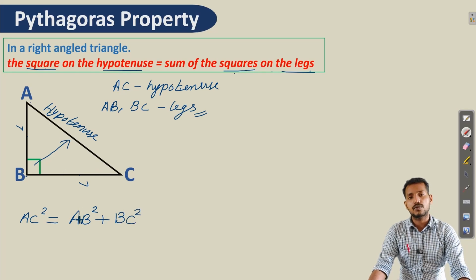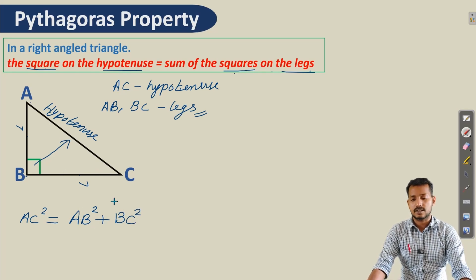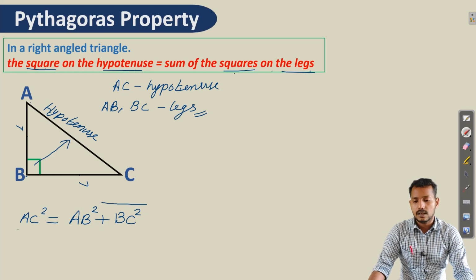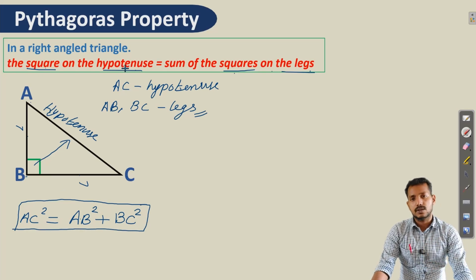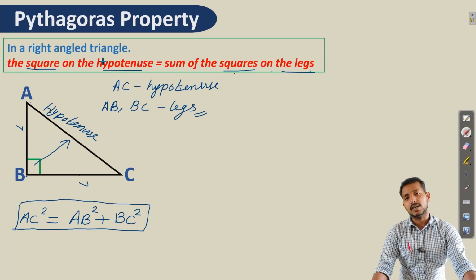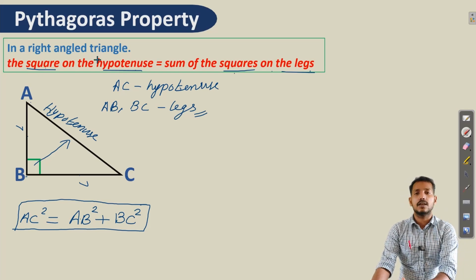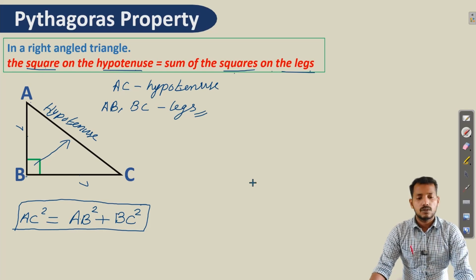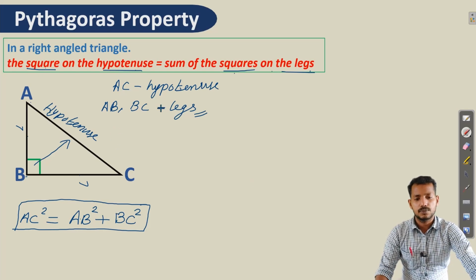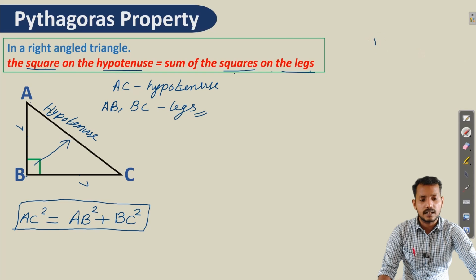So this is the mathematical expression we can give for Pythagoras property. It was discovered by Pythagoras, because of that this property is known as Pythagoras property, the most important topic from this chapter.